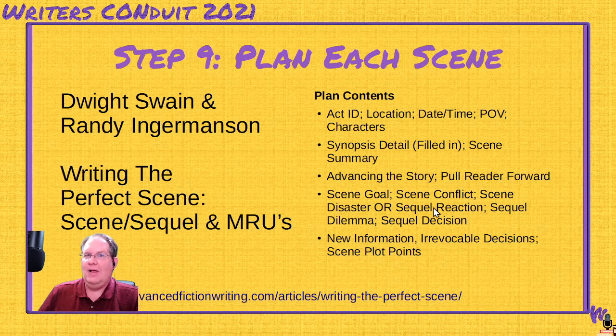Again, I could do a whole hour on how to do scene sequel and the MRUs, or motivation reaction units. And yeah, OneNote is a good thing. Evernote is a good thing. Scrivener is great for planning this out virtually as well.